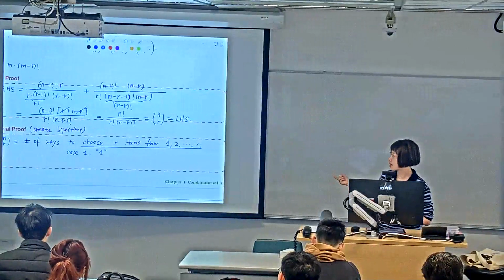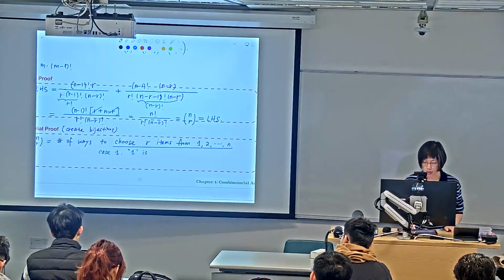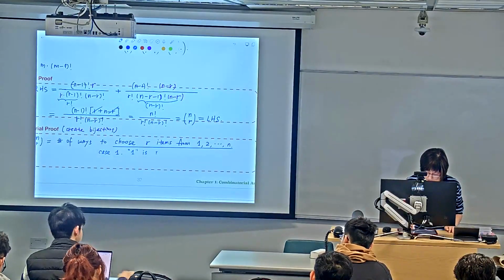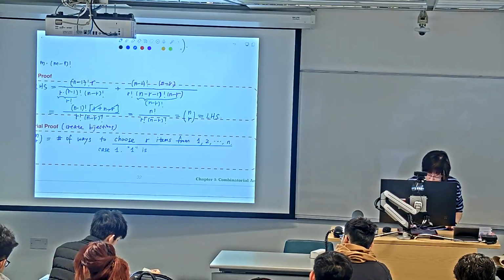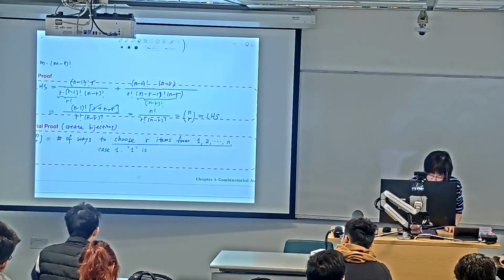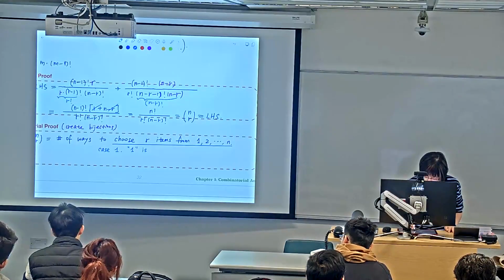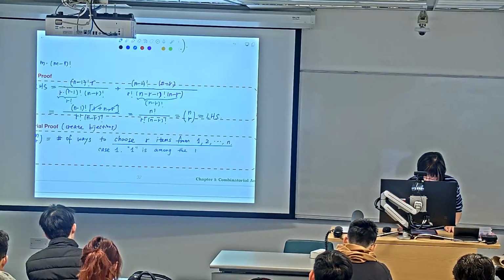You can also choose n, 2, whatever you like. So this 1 is, maybe start with, is among the r chosen numbers.